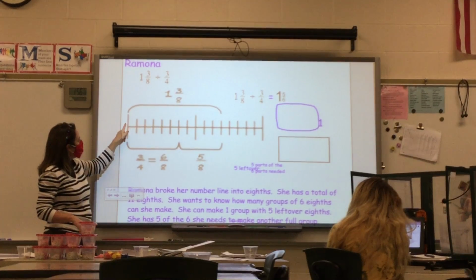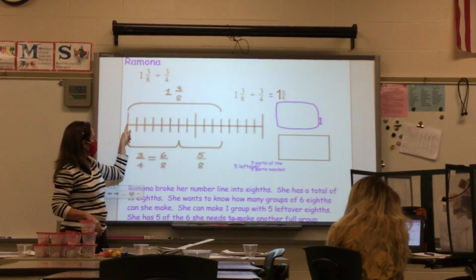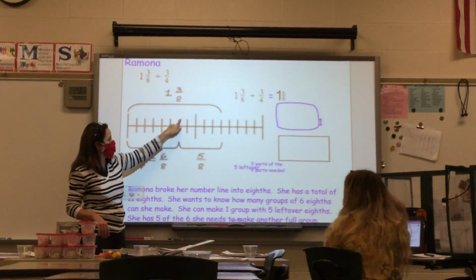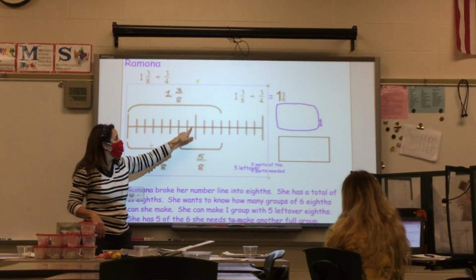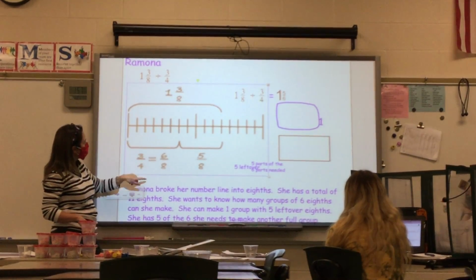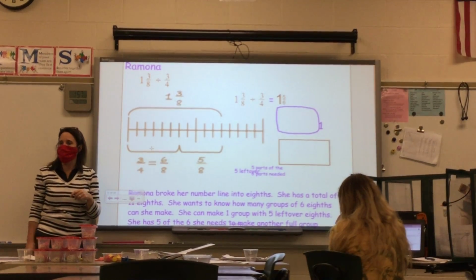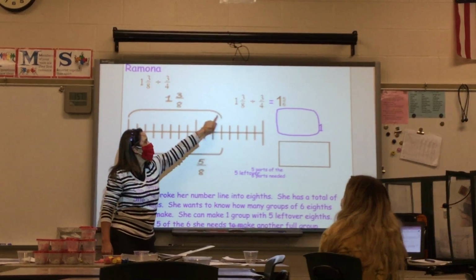And on her number line, 1 3/8. So here's 1/8, 2/8, 3/8, 4/8, 5/8, 6/8, 7/8, 8/8, which is my whole. Is everybody okay that 1 3/8 is the same as 11/8? Yeah. Do you see how she has 11/8 marked off?